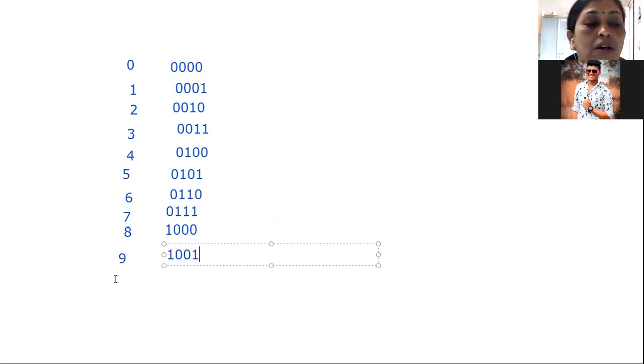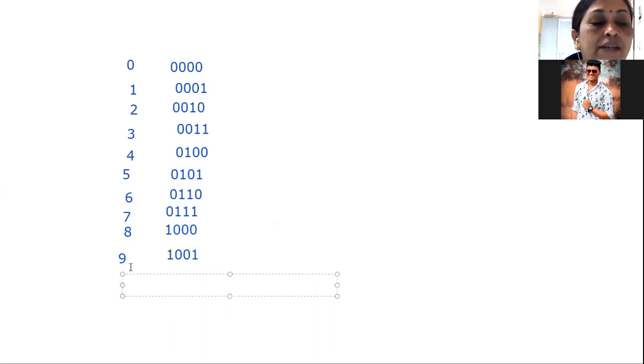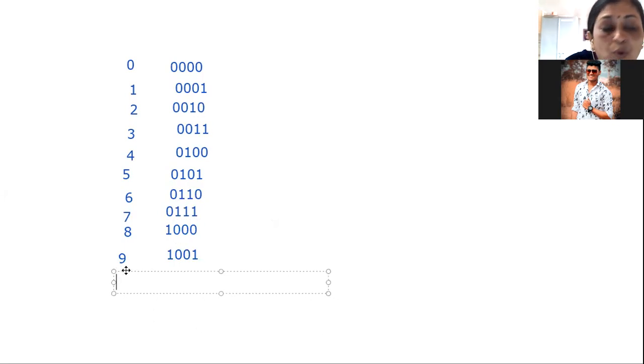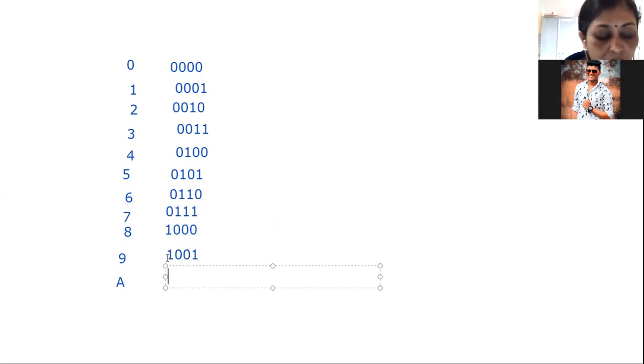After 9, in hexadecimal, for 10 we write a symbol capital A. So A means 1010.